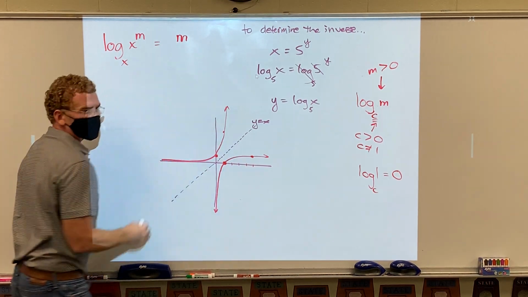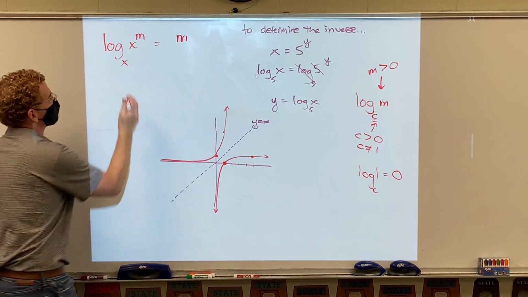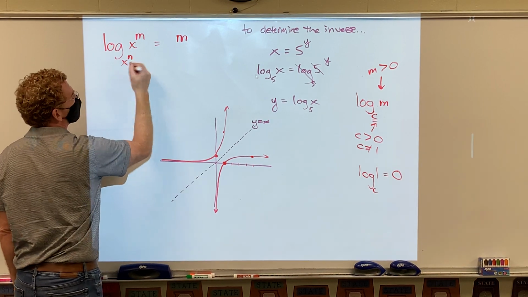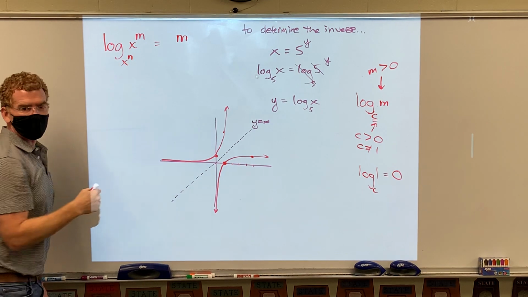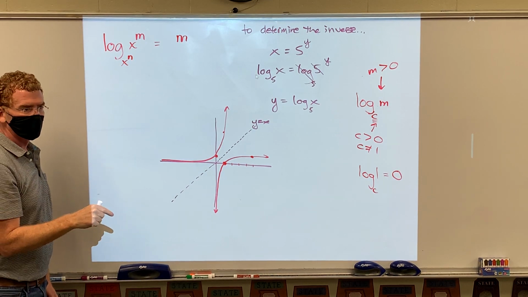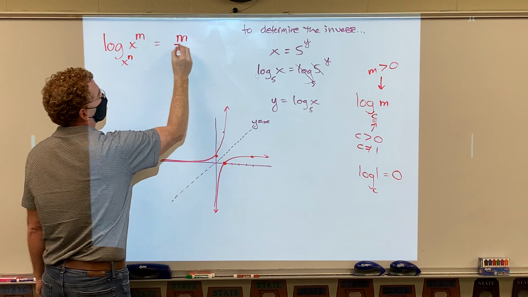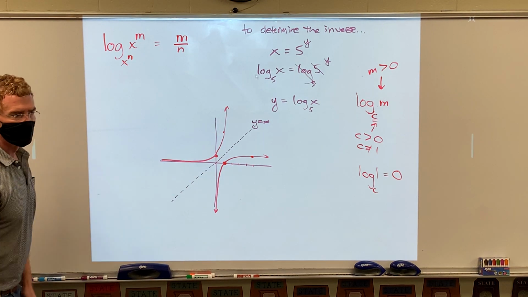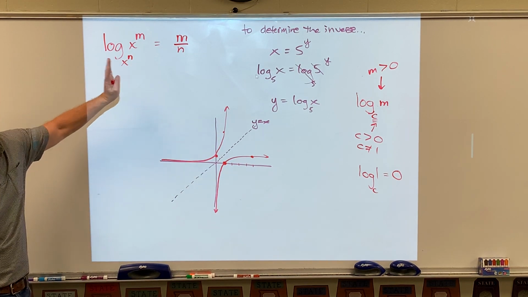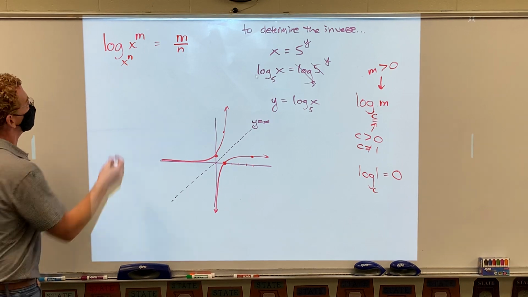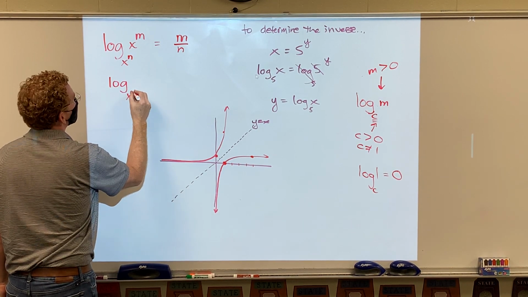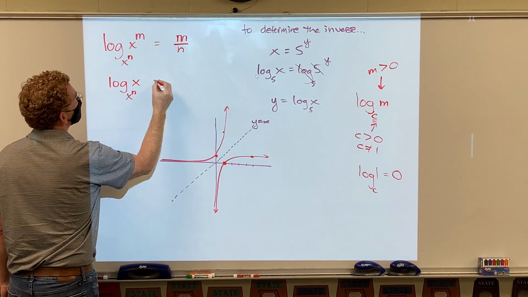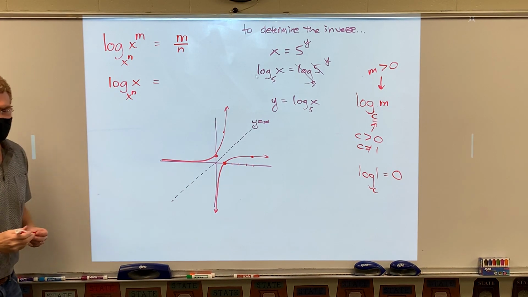Your book gives you that, but what I've noticed is that even if there's a power there and it's different, you can still apply this rule, but you're not left with m, you're left with m over n. Now it's important to see, and this is going to get really tricky in some of the logs we do, what does that imply about this?